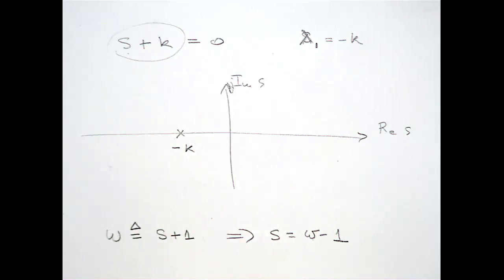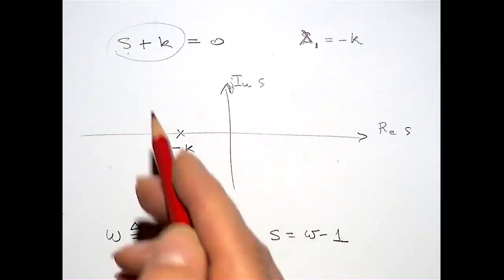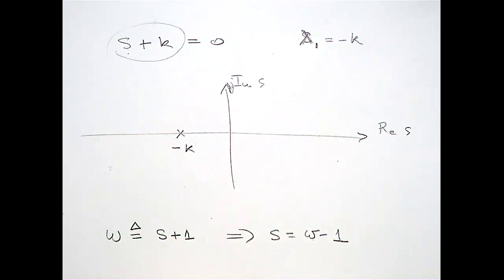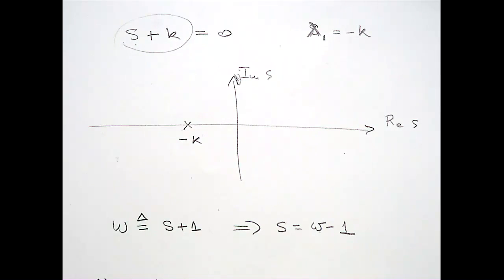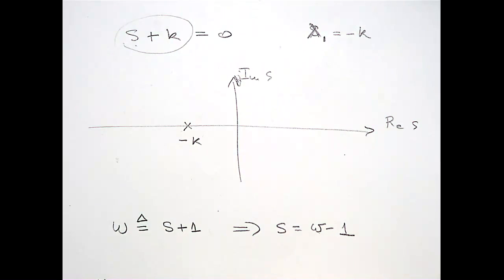The original equation is the same as w minus 1 plus k equals 0. Do you follow that? So now w is 1 minus k.